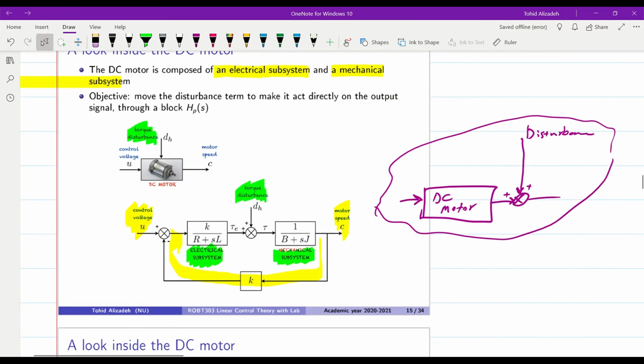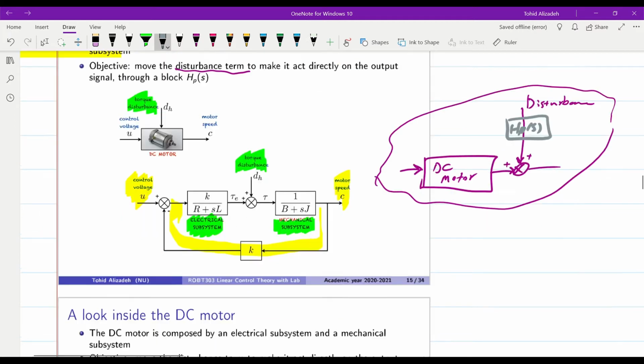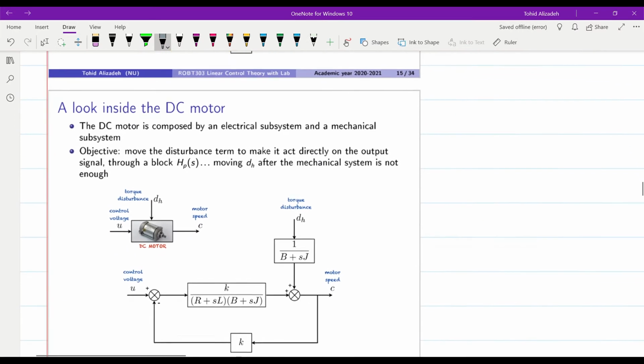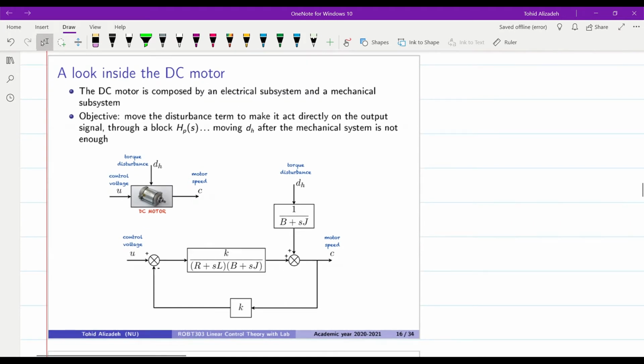We want to move the disturbance term to make it act directly on the output signal, as I just explained here, through a block HP of S. So we might also have some block over here. Let's see how we can do it.